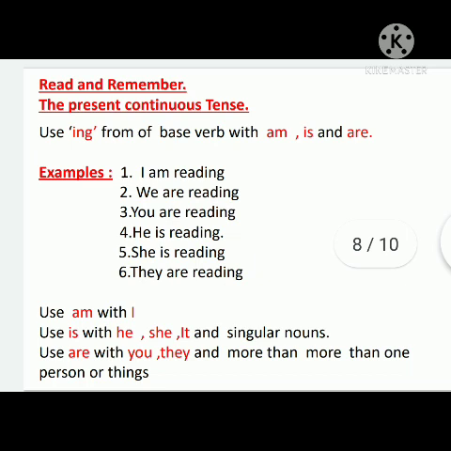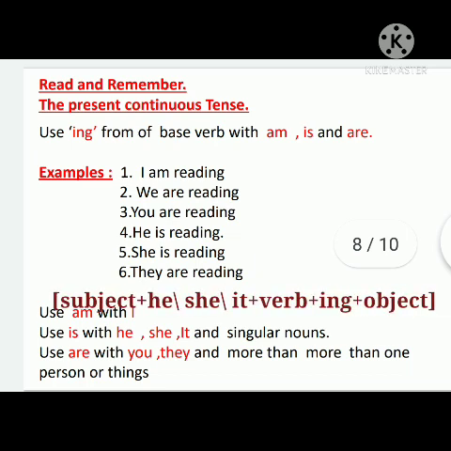The simple formula is subject plus helping verb plus verb ing and object.